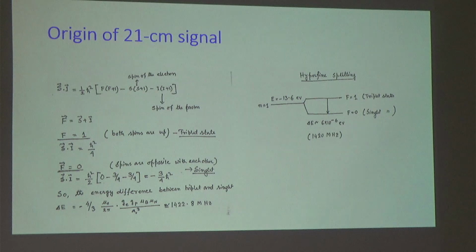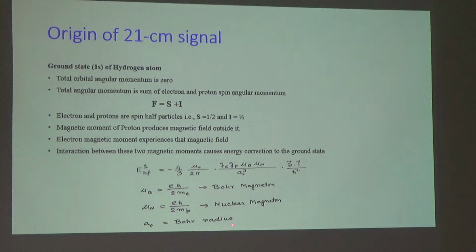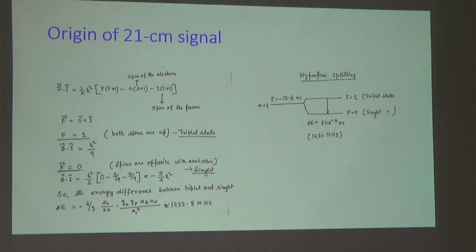The 21 centimeter signal arises from ground state neutral hydrogen atoms, and the ground state splits into two states because of the interaction between the proton magnetic moment and the electron magnetic moment, and that gives rise to this radiation. Okay, and if you want to know details about how we arrive at this equation, there is a lecture available on YouTube by Somnath Bharadwaj. There, this derivation is discussed. So you can go and look at it. I'm not going into that calculation.